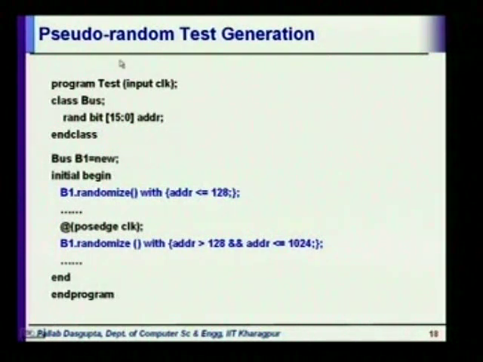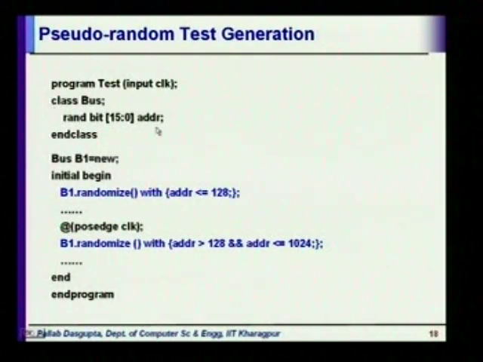So, this is a typical SystemVerilog test bench which uses pseudo random test generation. This is just a toy example. So, suppose we have defined a bus which is a 16-bit bus called ADDR. So, that is the address bus, let us say.